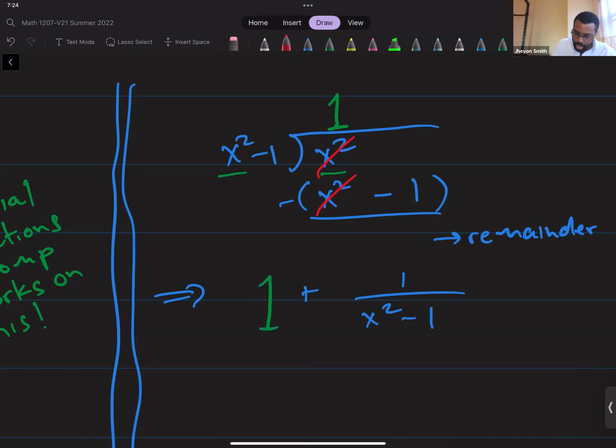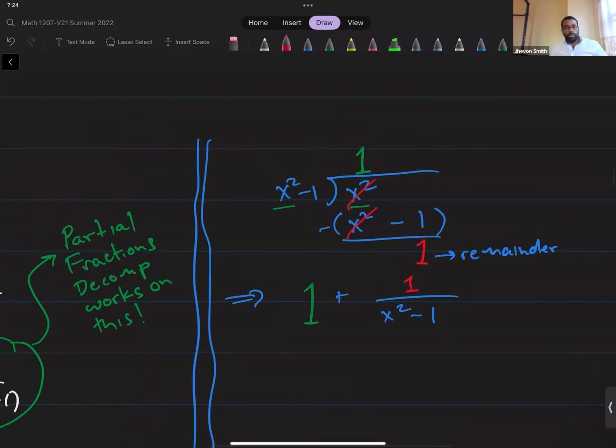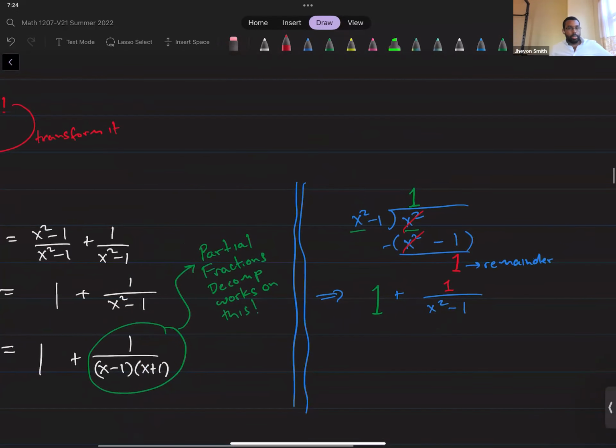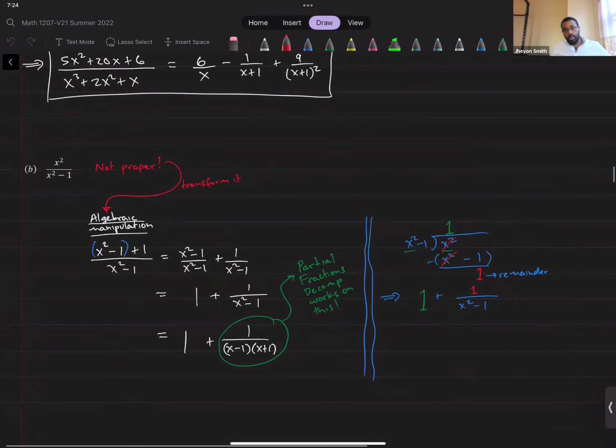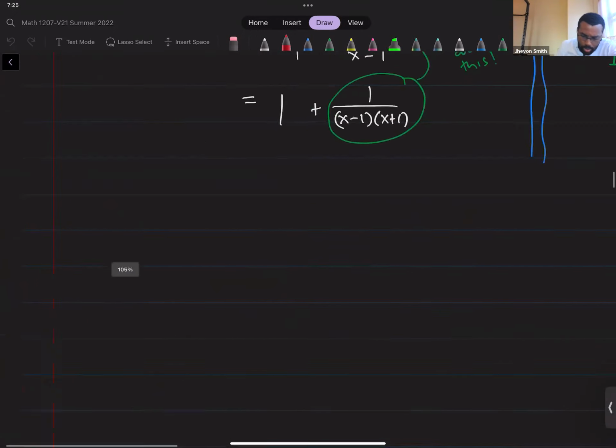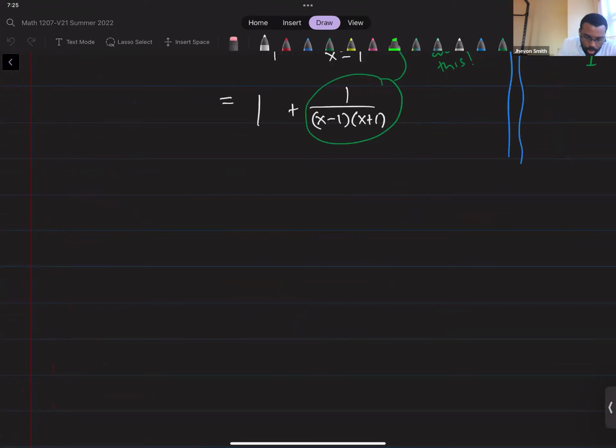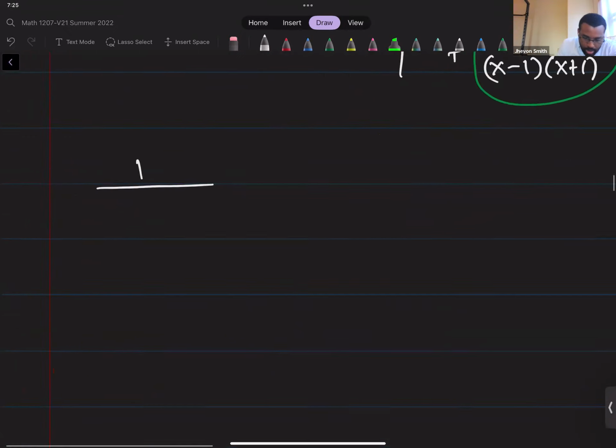And the 1 right here, just made that red, would be the guy that I put on top here. And as you can see, that's the same thing that we got before. So that would be the long division. The algebraic manipulation, just subtracting 1 and adding 1, then splitting the fraction gets you there pretty nicely. So now I want to do partial fractions on this guy.